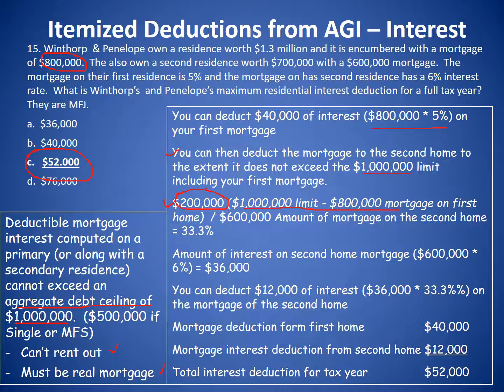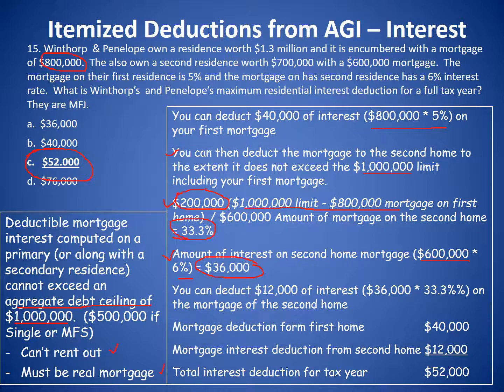So we take that $200,000 and divide it by $600,000, which means you're going to be able to deduct 33.3% of the interest on that second home. Now we compute the amount of interest on the second home: the $600,000 total mortgage times 6% equals $36,000 in total annual interest.